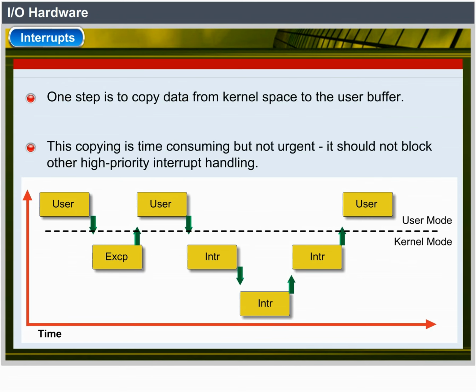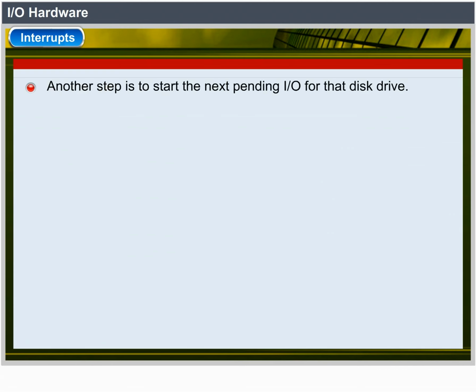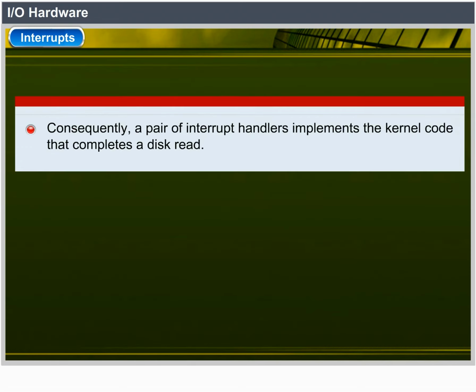Another step is to start the next pending input-output for that disk drive. This step has higher priority. If the disks are to be used efficiently, we need to start the next input-output as soon as the previous one completes. Consequently, a pair of interrupt handlers implements the kernel code that completes a disk read.